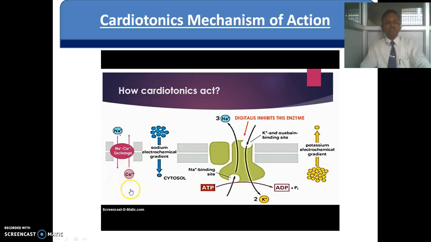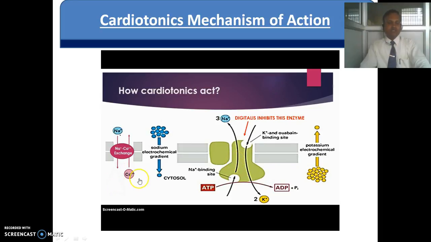Whatever calcium was going to get exchanged for sodium is remaining in the cell, because extracellular sodium ion concentration has got reduced. Why? Because this enzyme has been blocked by digitalis.